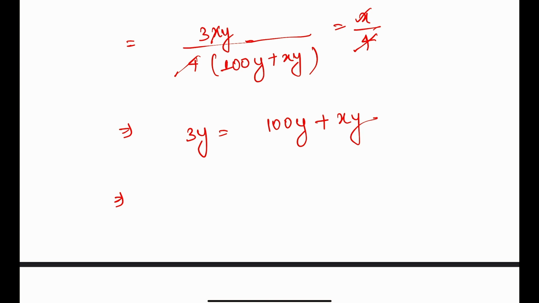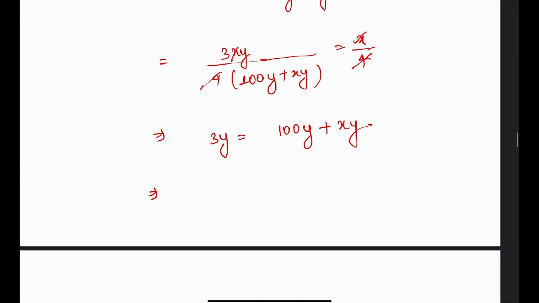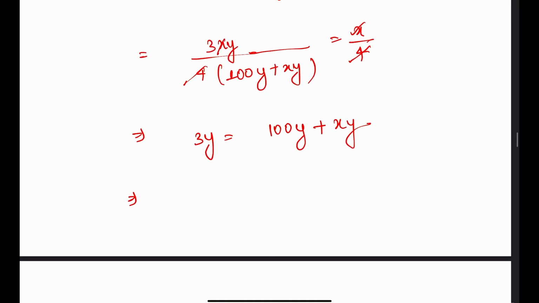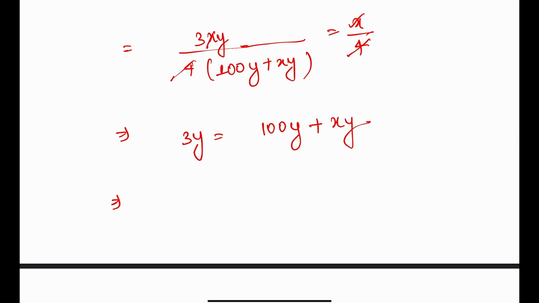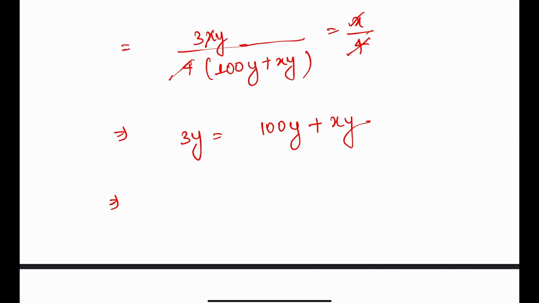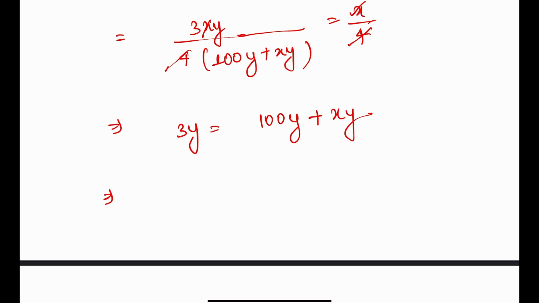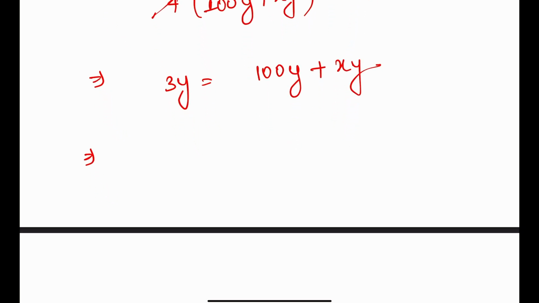Or did I make a mistake somewhere? 3y equal to 100y plus xy. So my value will be becoming something else. If y will be gone, then x value is minus 97, so it doesn't make sense.